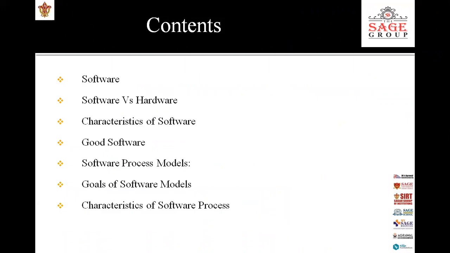Now let's cover the contents. So, let's see the contents. Software versus hardware, characteristics of the softwares and good softwares, software process models, goals of the software models, and characteristics of the software process. So I will tell you about what is the software and definition of software. In next slide, we will see the difference between the software and hardware.